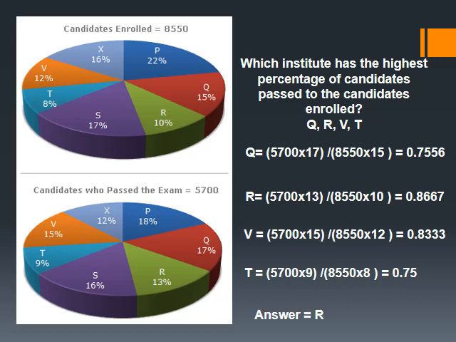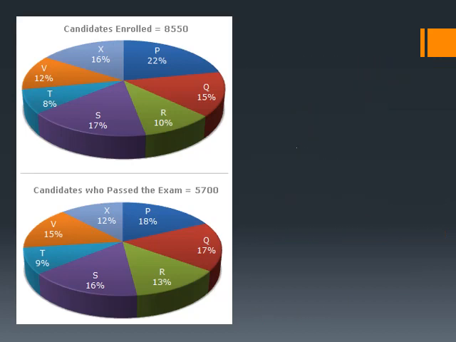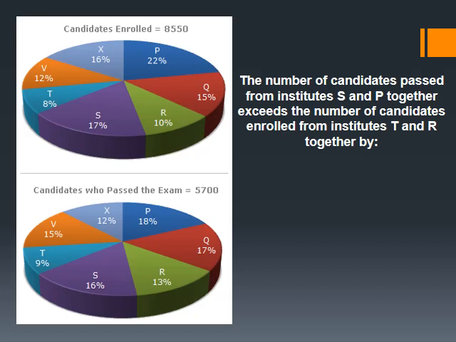We'll take one more question for this using the same data. The question is, the number of candidates passed from institutes S and P together exceeds the number of candidates enrolled from institutes T and R together by what number or what percentage? So we can see the number of candidates passed from institute S and P together.